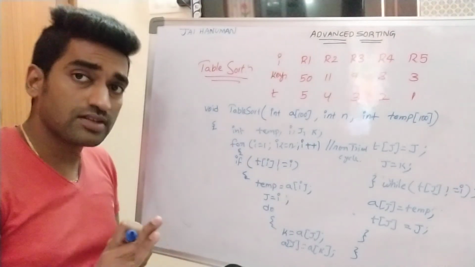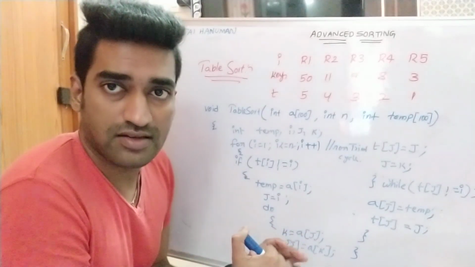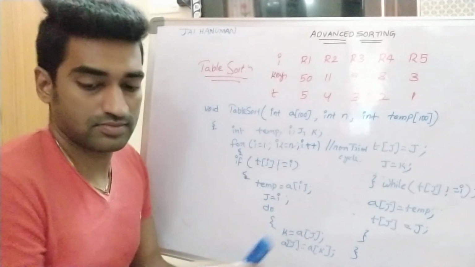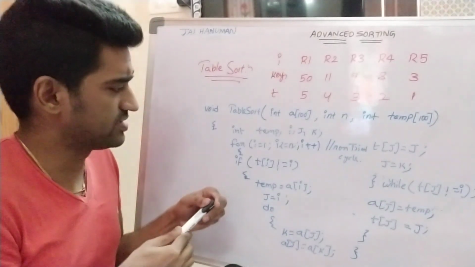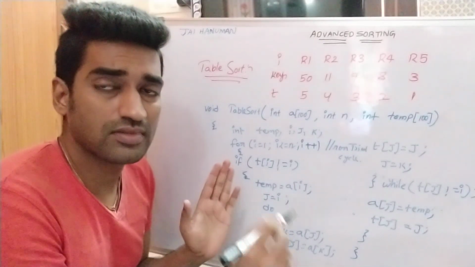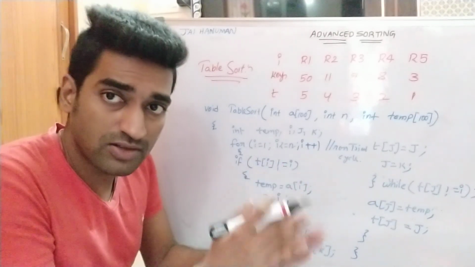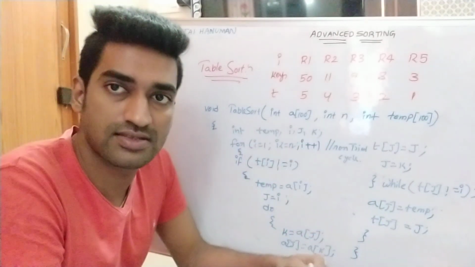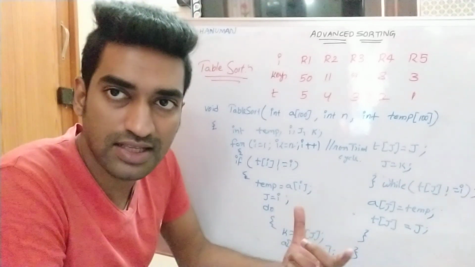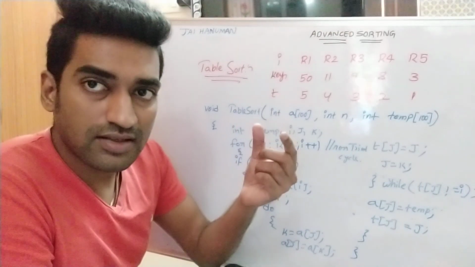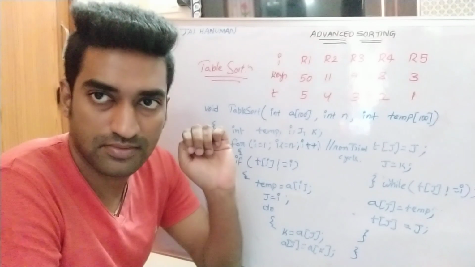Based on this function definition, we are swapping the records using the table sort mechanism. We can swap the records in table sort using this function definition, right? This table sort mechanism is applicable for quick sort and merge sort mechanisms. Suppose I want to sort a large number of records in quick sort or merge sort, we simply maintain one table, and in the table we represent each and every entry number, right?